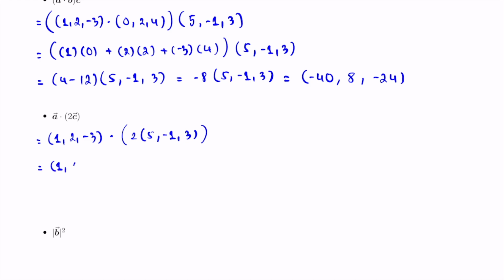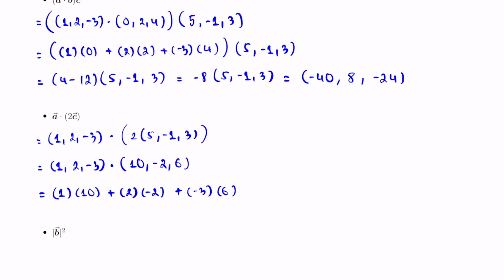So you have 1, 2, negative 3, that with 10, negative 2, 6. What is 1 times 10 plus 2 times negative 2 plus negative 3 times 6. You get 10 minus 4 minus 18. And if you do the calculations correctly, you get negative 12.